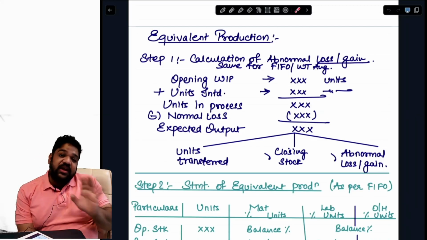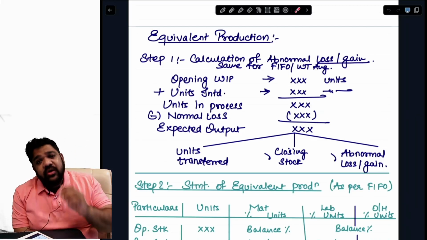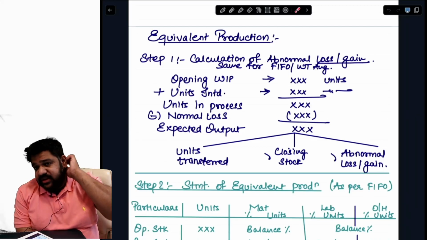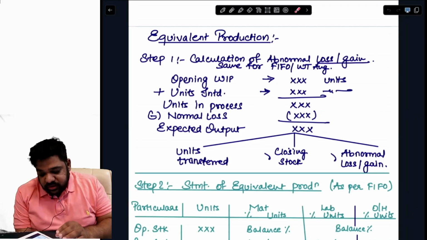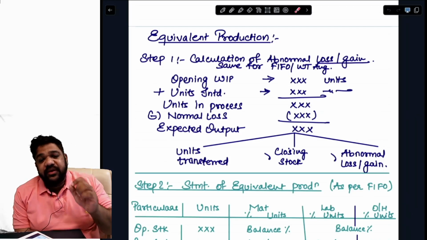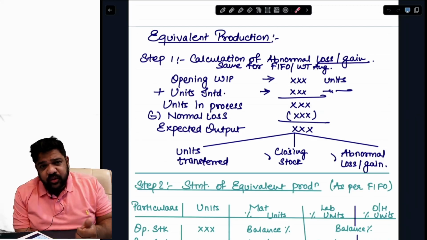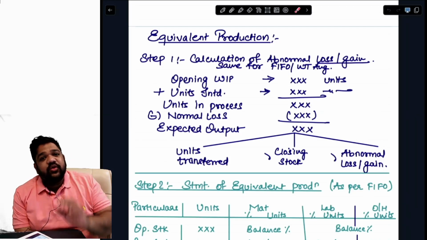Now, if there is opening or closing WIP, then what do you do is what we are trying to understand. In that, you have equivalent production. Step number one: you are trying to find abnormal loss or gain. You will start off with the opening WIP, add whatever units you have introduced, and together we call it units in process.